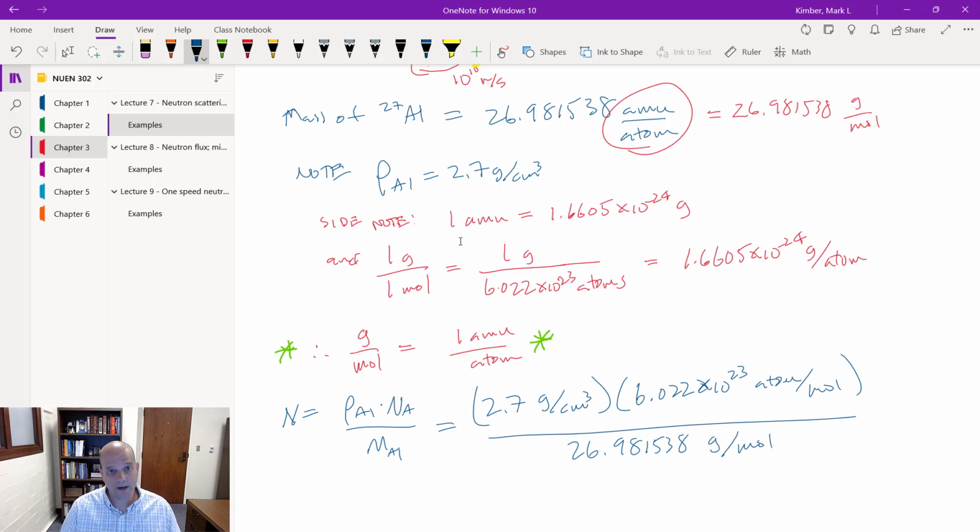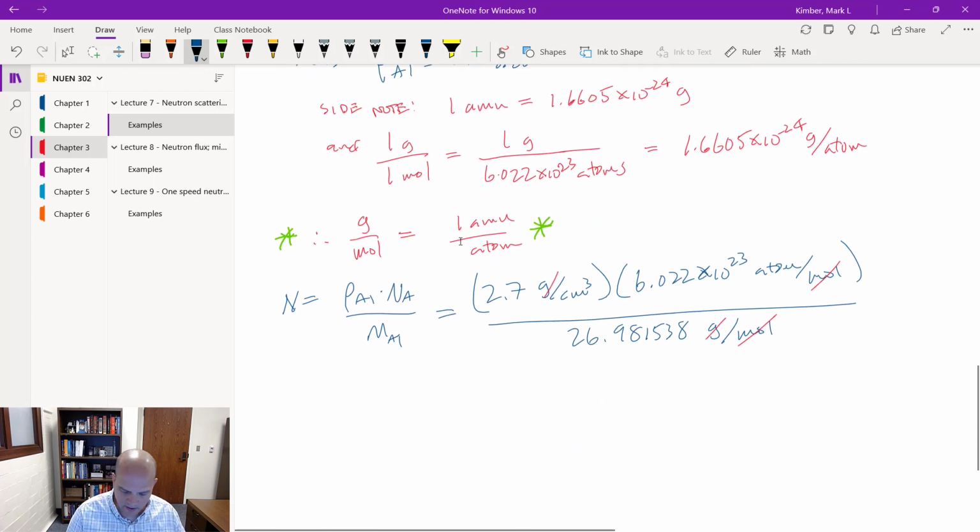It was AMU per atom, but we know that those two units are exactly the same. So we've got moles canceling out, we've got grams canceling out, and so we're left with atoms per centimeter cubed. And what we find there is that N is going to equal 6.0261 times 10 to the 22nd atoms per centimeter cubed.